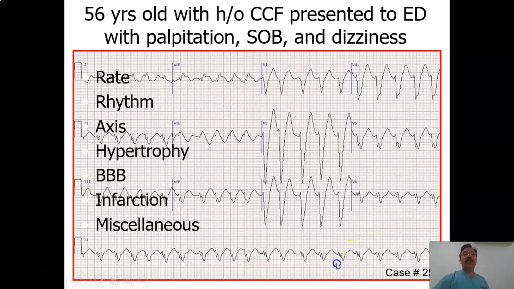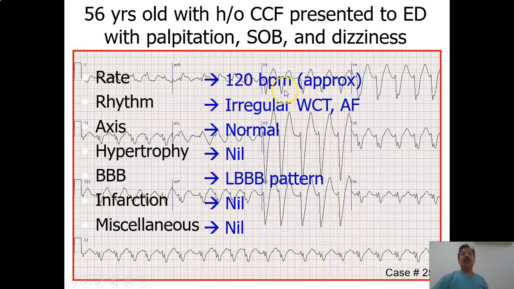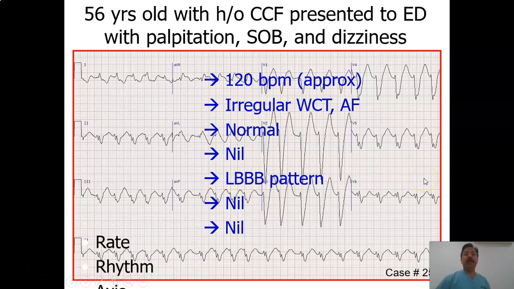So the ECG findings include the heart rate of 120 beats per minute, and the rhythm is irregular wide complex tachycardia, probably atrial fibrillation with left bundle branch block.